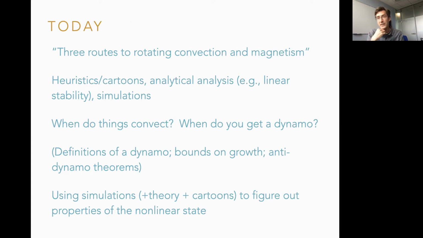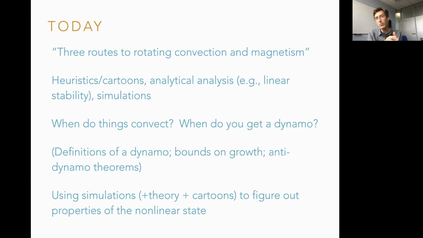rotating convection and magnetism. I've called lecture 3 Routes to Rotating Convection and Magnetism. As usual, I'm not going to be able to say all that much in 45 or 50 minutes. The basic story of today is that I'm trying to argue that these problems are hard enough that we need to use a complete toolbox to attack them.